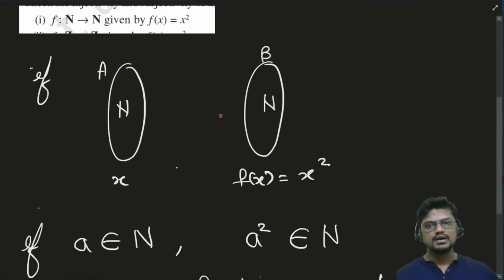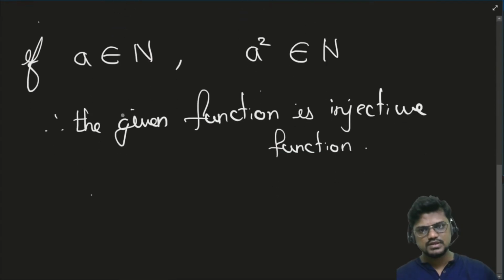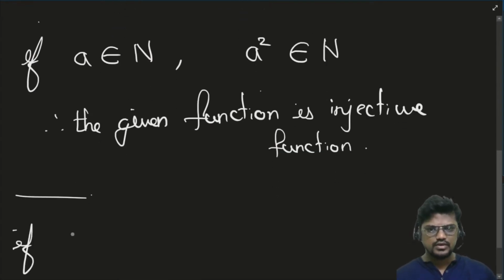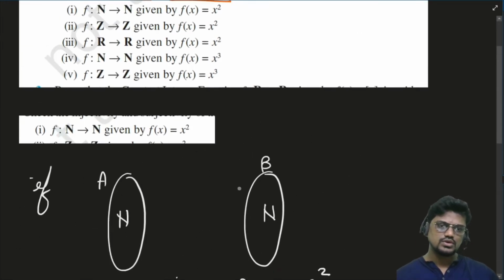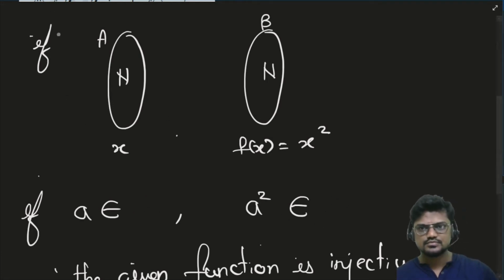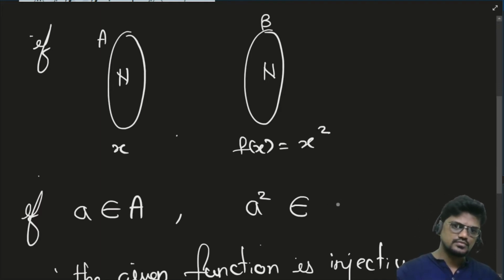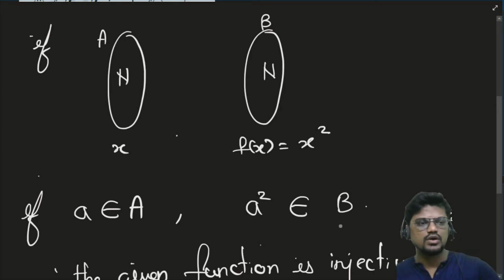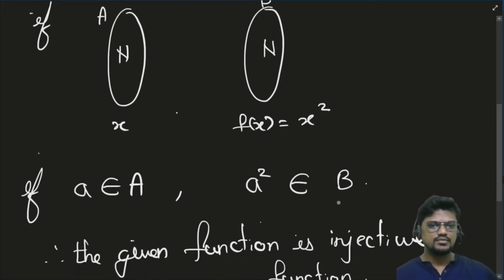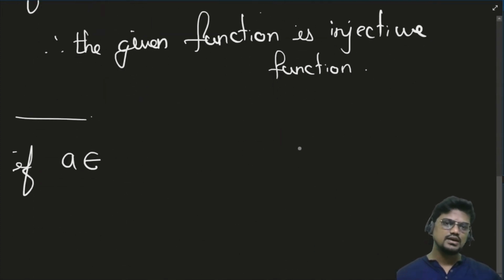Next, if a belongs to set A, then a square will belong to set B, so the given function is an injective function.